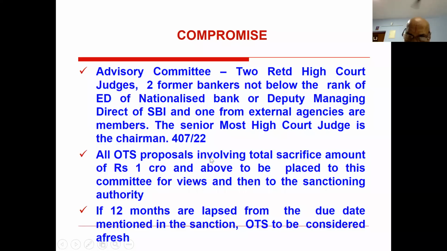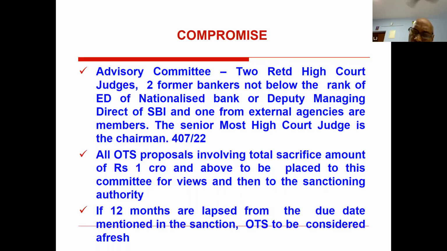All OTS proposals with a sacrifice of 1 crore and above are first to be placed before this committee for their views, and only then go to the sanctioning authority. After getting their advice, the note will be placed before the respective sanctioning authority.